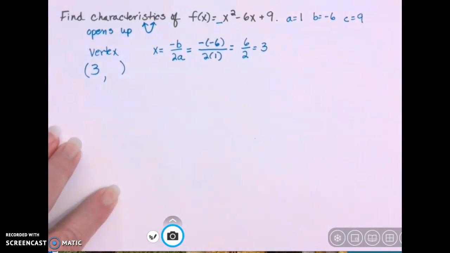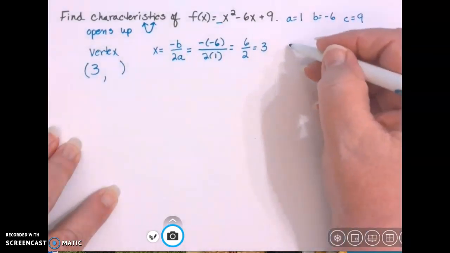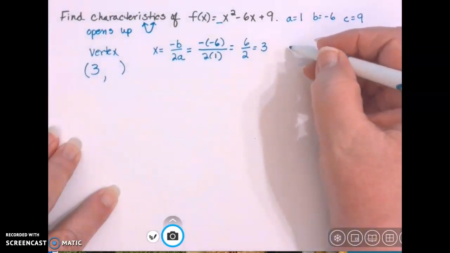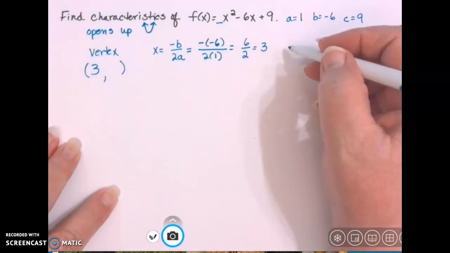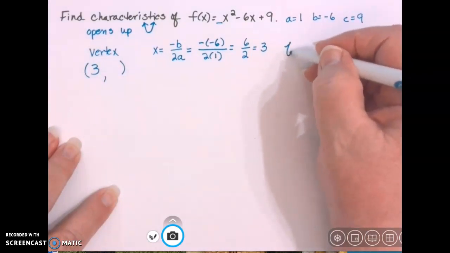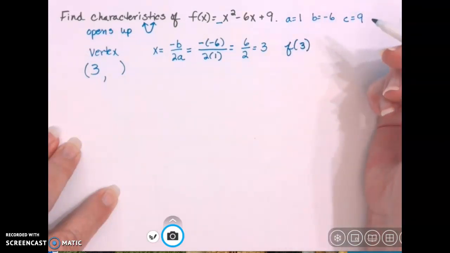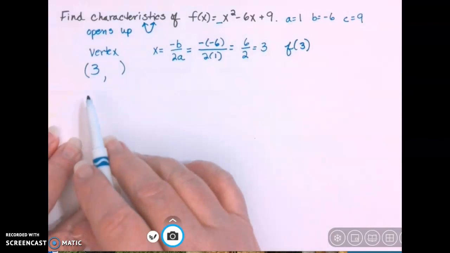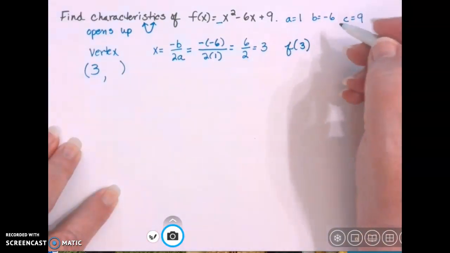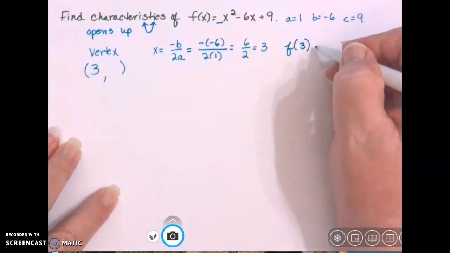Now we need to find our y-coordinate. In order to do that, we're going to find the value of the function. So we're going to find f of 3. We're going to put the 3 in, that is the x-coordinate, and find what y-coordinate is associated with that.